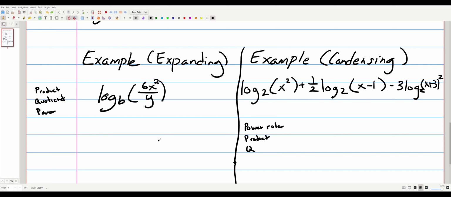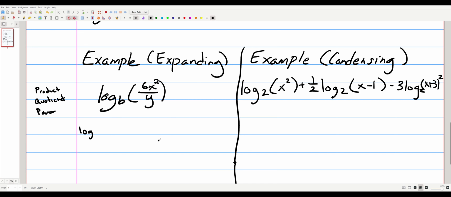And so for expanding logarithms, we want to break this up into as many logs as possible. We're going to try to make it take up as much space as we can. And so first we see we have 6 times x squared over y, right? So, well, we have two things being multiplied together, right? A product. So we can break this up into logarithm additions.